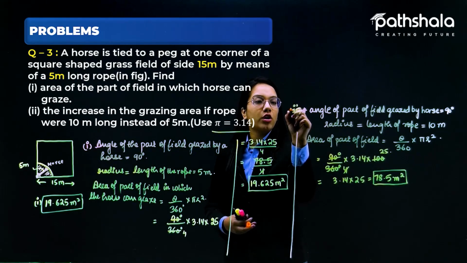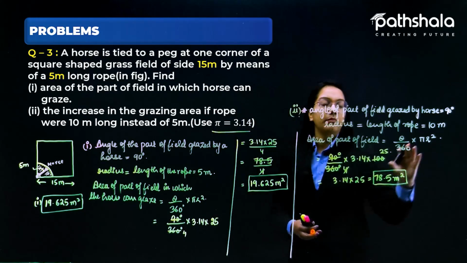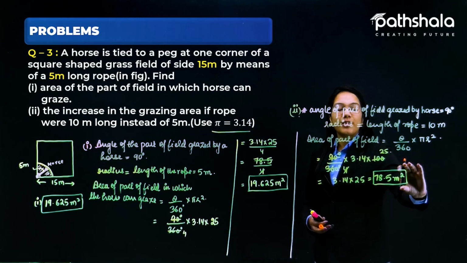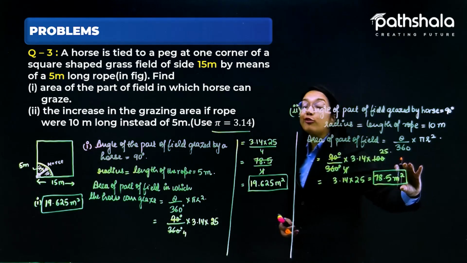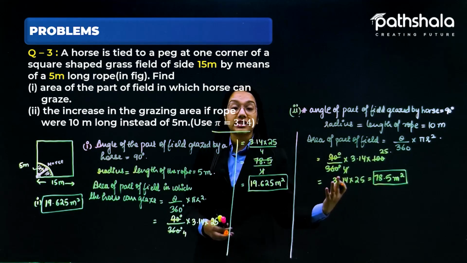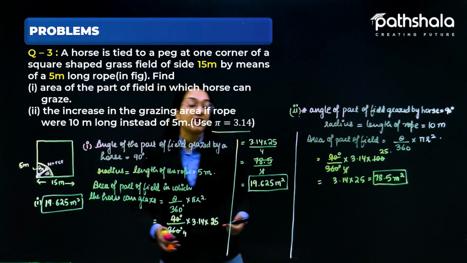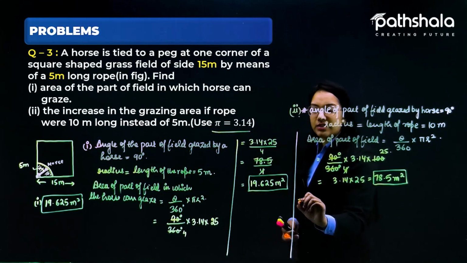So hence the area for the second part, when the rope is 10 meter, is 78.5 meters square. But we have to find out the increase in the grazing area. The second part says that we have to find the increase in the grazing area. So what is the increase in the grazing area?